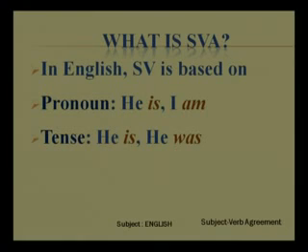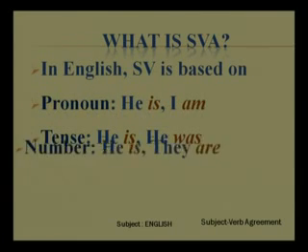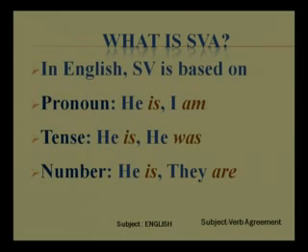Subject verb agreement is based on tense. You use is with he in present tense, you will use was with he in past tense. He is in the zoo now, he was in the library yesterday. Subject verb agreement is based on number, either it is singular or it's plural.